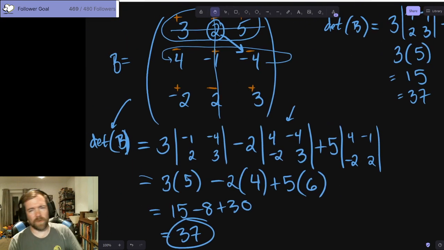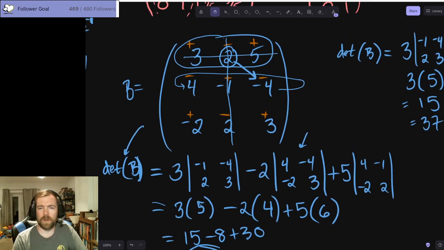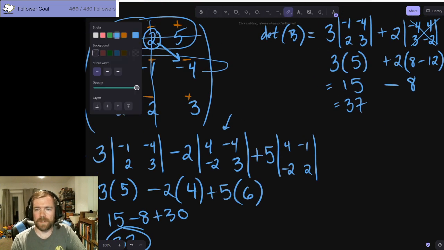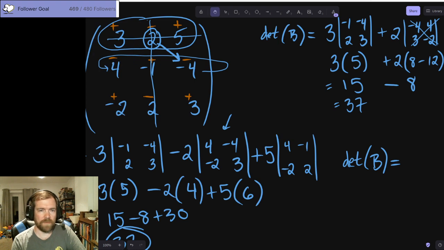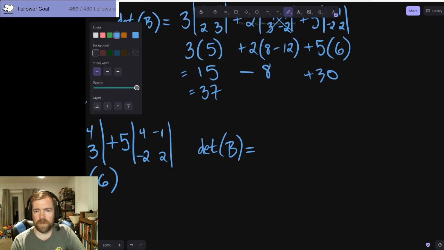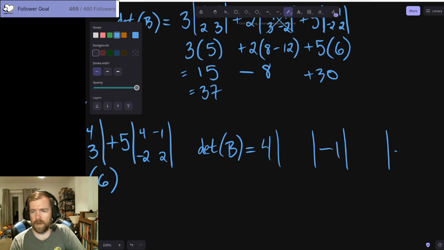But I can hear you say, what if we tried a different row? Okay, fair enough. Let's do the middle row, because this is going to be the most inconvenient. Determinant of B is going to be equal to, I had this as a 4, -1, -4 as my 3 coefficients. 4, -1, -4.